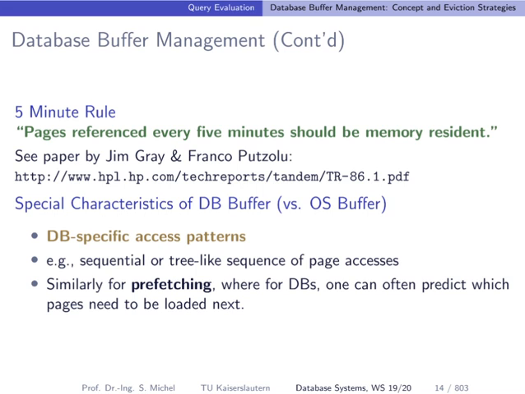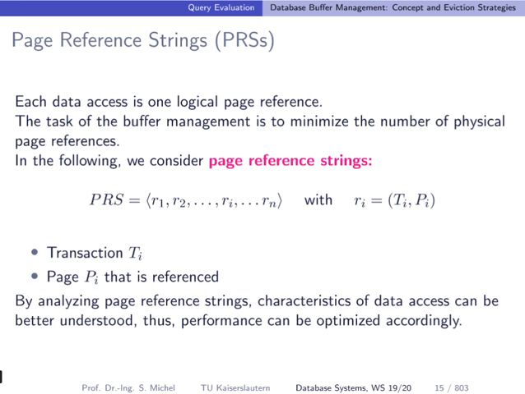In order to understand these access patterns a bit more in detail, we introduce so-called page reference strings. That's a super simple concept because essentially it's only a list of pages that we want to access. Here we use the term reference and not access, but you can take one or the other.